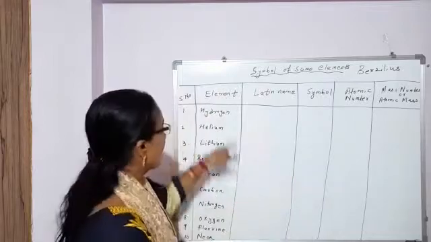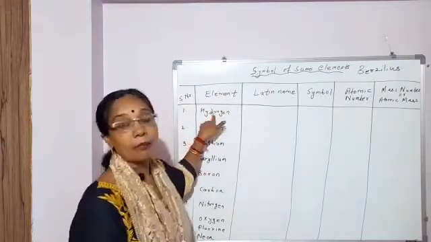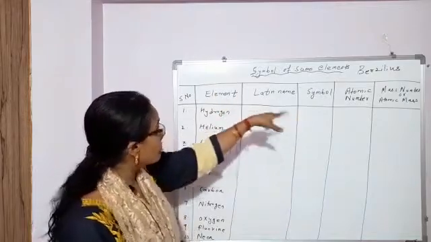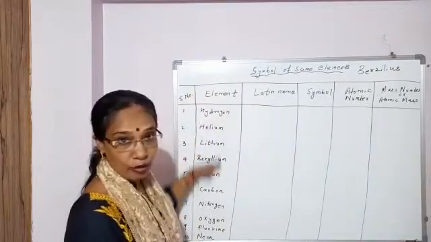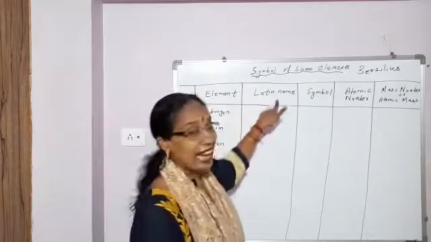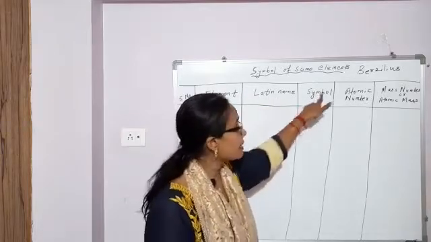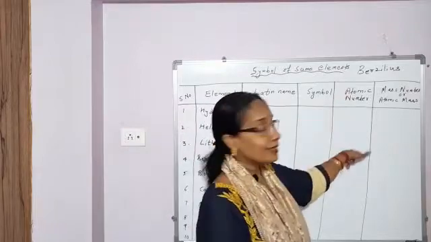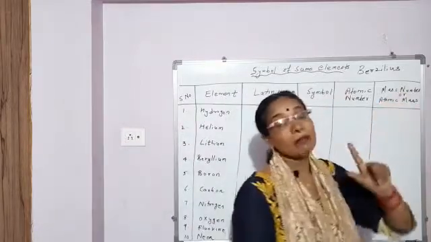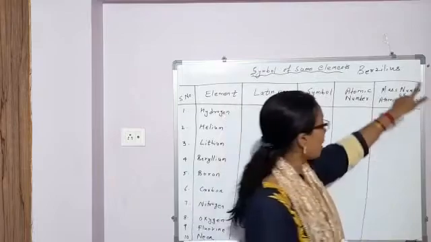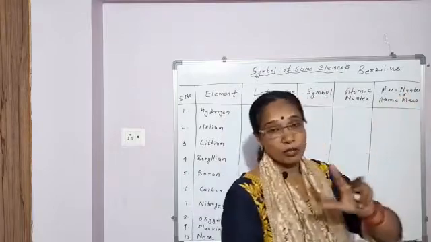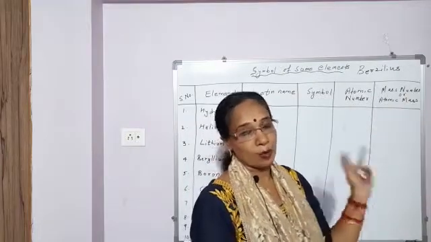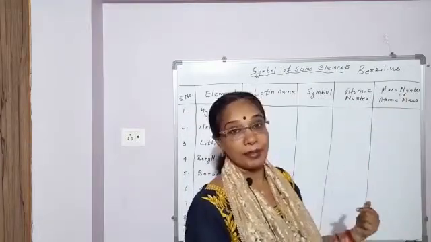So, the first element, with atomic number 1, is hydrogen. I have made some columns: name of the element, Latin name, then symbol of the element, then atomic number, then mass number or atomic mass. You can say mass number, or we can also say atomic mass of the element. And you have to learn these atomic numbers and mass numbers.